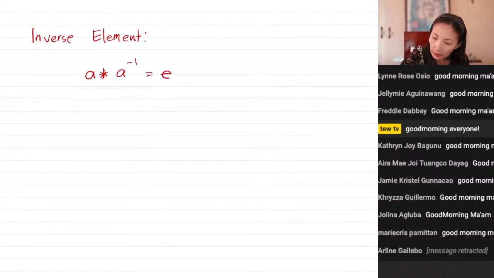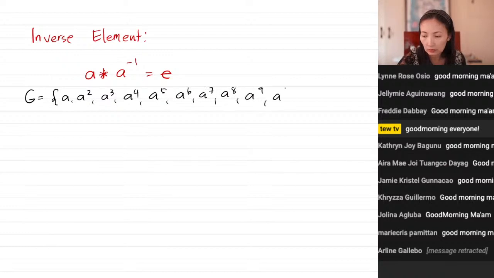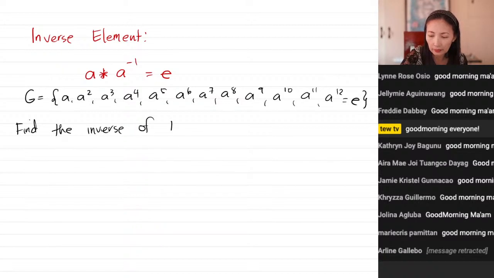So, going back to the group that we have just discussed, the cyclic group G, find the inverse of the following.